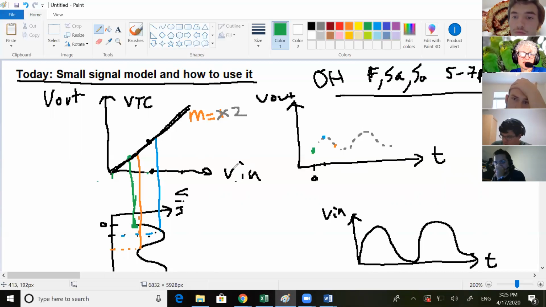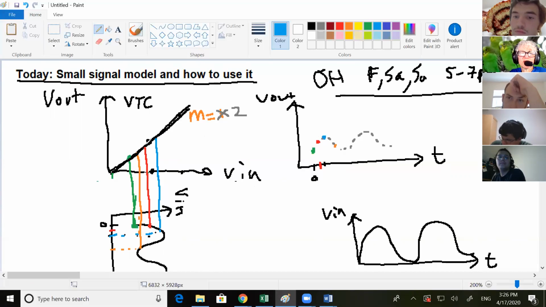Then a little later, at time 1, I draw a line up, I hit this, and that tells me what my V out is at this second point in time. Then a third point in time gives you this point. You go up and come over here, draw that dot, and it follows the sine wave and gives you your output.